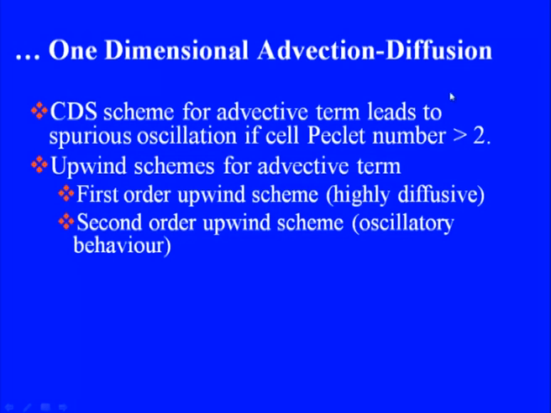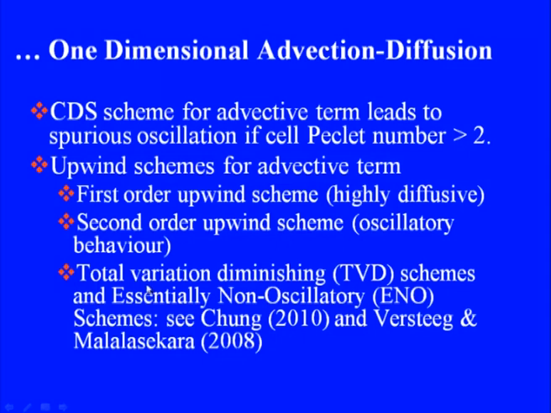Okay, that is our summary: the first order upwind scheme works beautifully in damping out or eliminating the spurious oscillations, but it is highly diffusive. The second order upwind scheme based on one sided FDS or BDS is again prone to oscillatory behavior. So, in our usual or commercial CFD codes, we go for what we call total variation diminishing or TVD schemes.